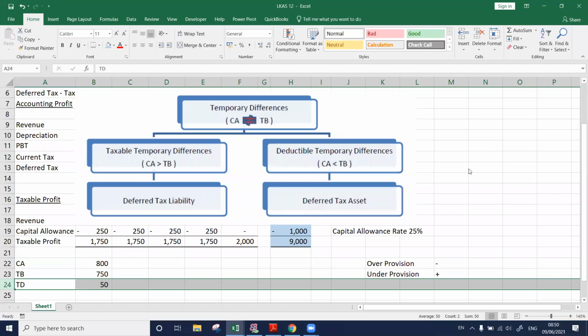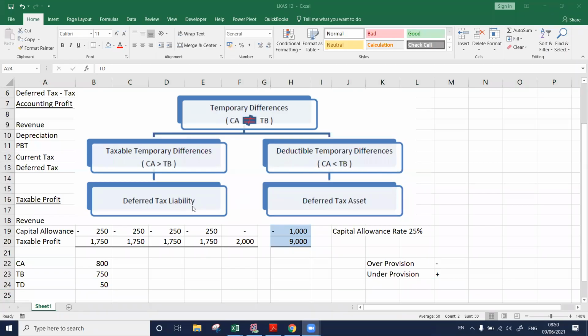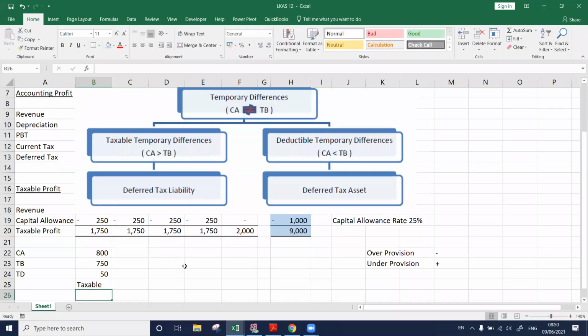Yes, correct. It is a taxable temporary difference. Why? Here the carrying amount is 800, the tax base is 750. So the carrying amount is greater than the tax base. Therefore, this is a taxable temporary difference. You all are correct.